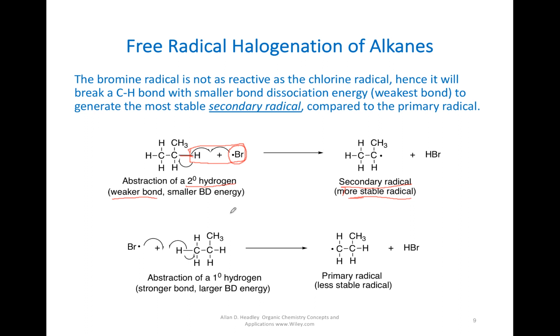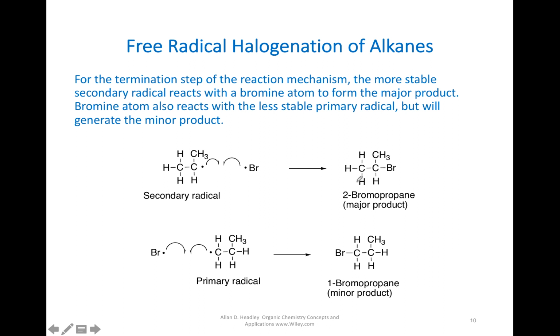That does not mean that the other reaction does not occur, so the bromine can break the primary CH bond here, but with much difficulty, because it is a stronger bond, and this is not reactive. So that's why this is formed in small amounts, because it's less stable. Bottom line is we have more of this forming, and that will lead to the products as shown here.